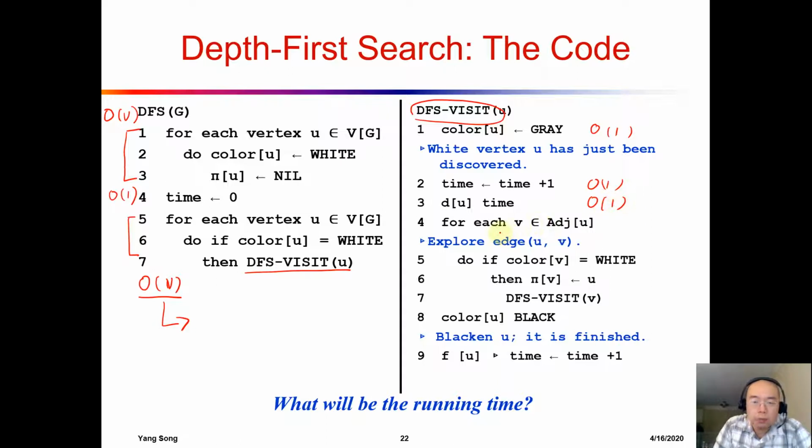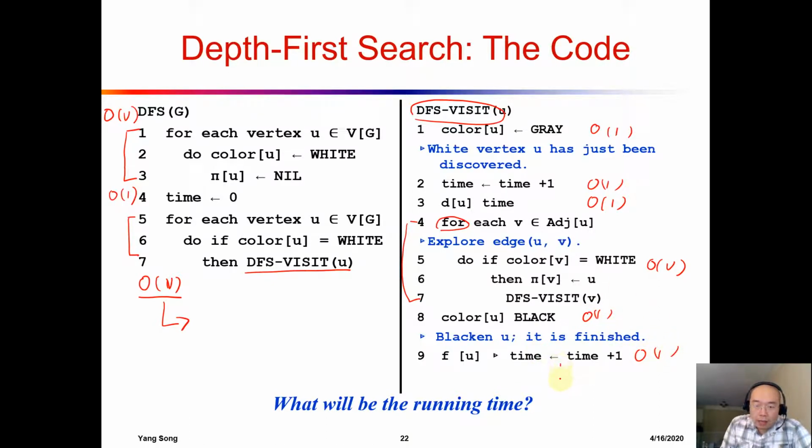And then for this one, if we are considering this graph to be a full one, then the upper bound of the adjacent u, which is the iteration we are going to run for this for loop, will be O(V). This is the upper bound, because for each of the nodes, the number of adjacent nodes will have the upper bound to be V, right? So this iteration is an O(V), and then O(1), O(1).